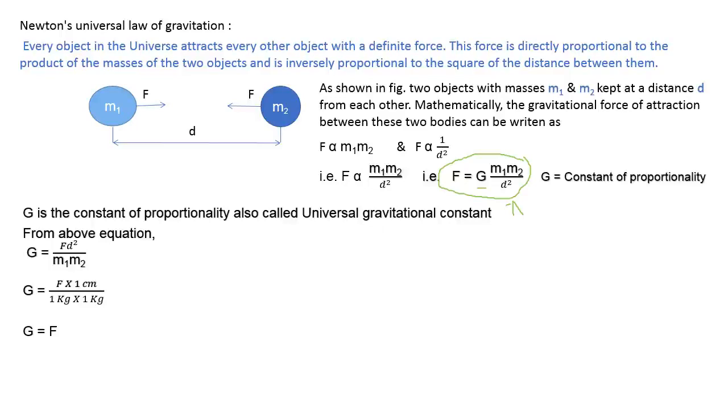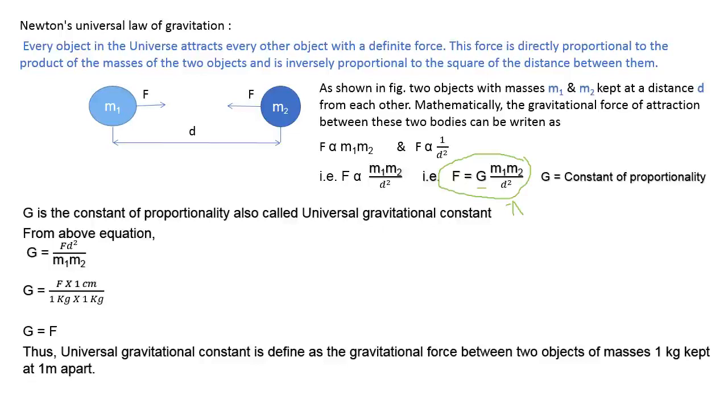Then we say G = F. G = F means what? My gravitational constant is nothing but the force between two objects of unit mass which are at a unit distance. That is the definition of our gravitational constant, which I think you have studied in the ninth standard.